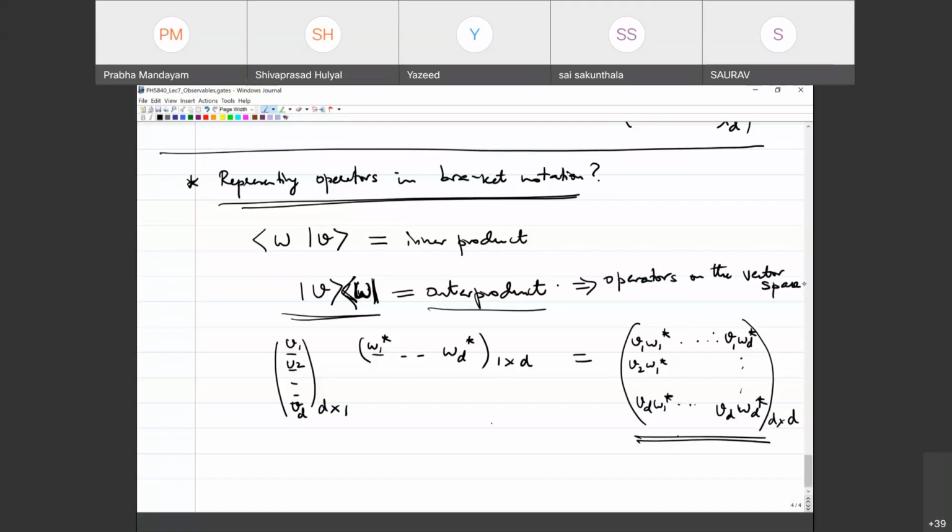You can make an inner product, which gives me a number or a scalar. And then you can also do the outer product, which gives me a larger dimensionality object, a D cross D object for a D-dimensional vector space. This is no longer a vector in the vector space. Rather, it's an operator on the vector space. It's a matrix on the vector space, right?